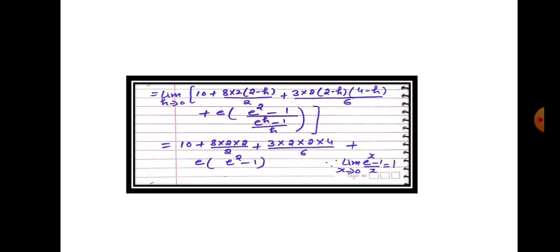So this is equal to 10 plus, now taking limit h as 0, 10 plus 8 into 2 whole divided by 2 plus 3 into 2 into 4 whole divided by 6 plus e into e raised to power 2 minus 1, because limit x approaches 0 of e raised to power x minus 1 whole over x comes out to be 1.